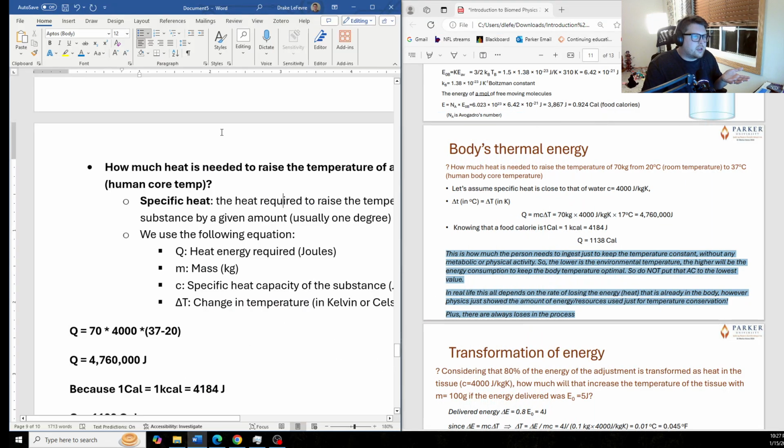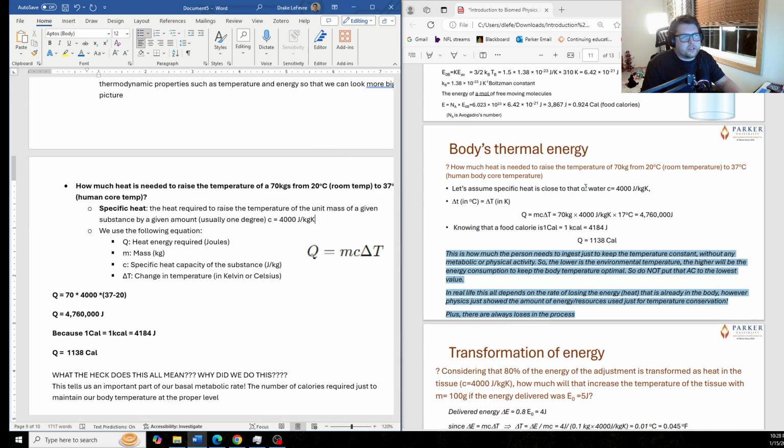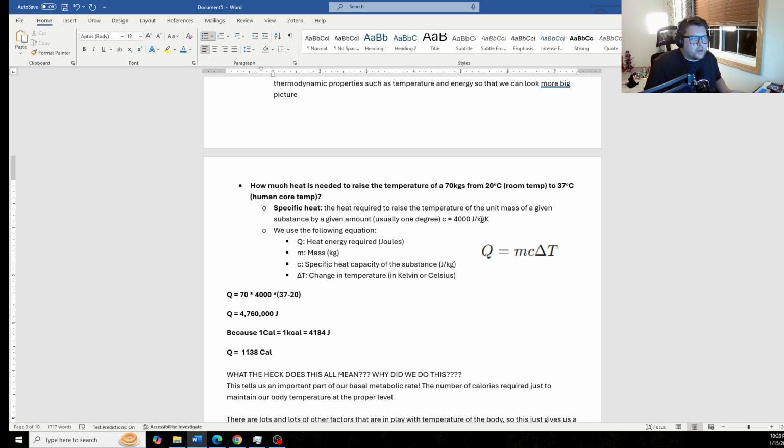For humans, we typically use C equals 4,000 because people are mostly water. So, being mostly water, we use the specific heat of water as a decent constant that we can use.